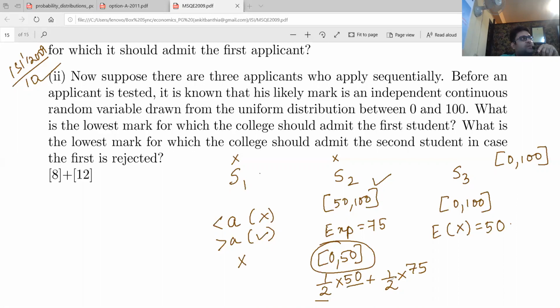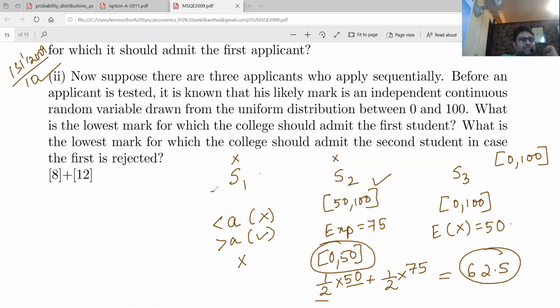And half is the probability that I will be accepting the second student if he gets anywhere between 50 to 100, multiplied by the expected score of the second student. So this gives me 62.5.